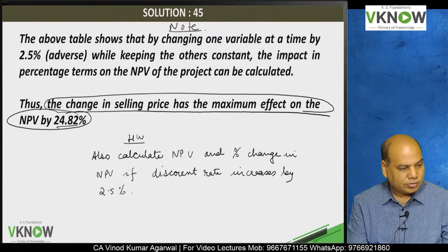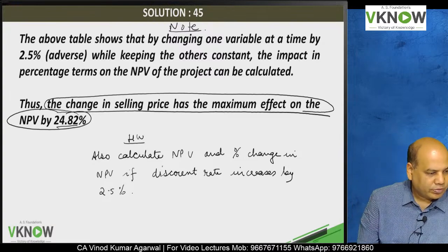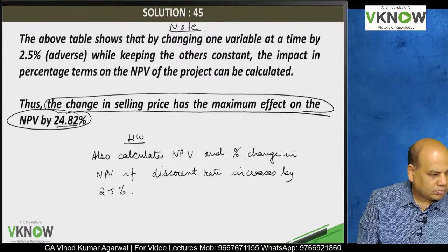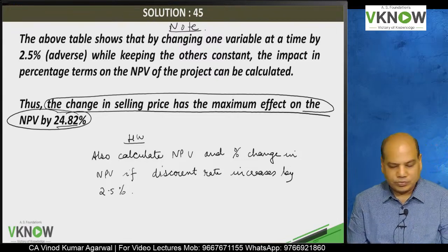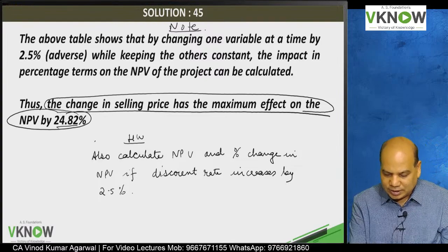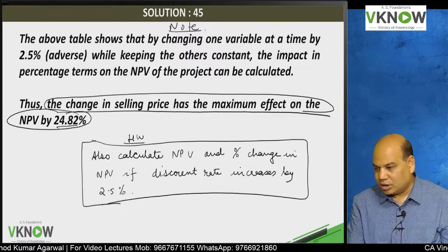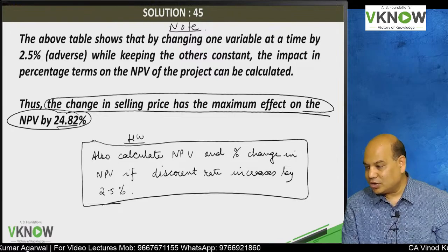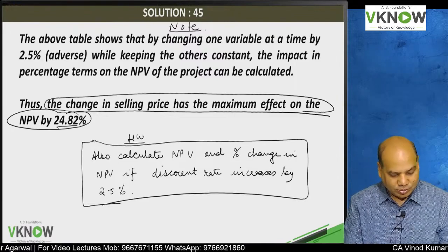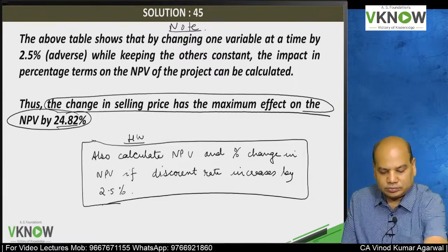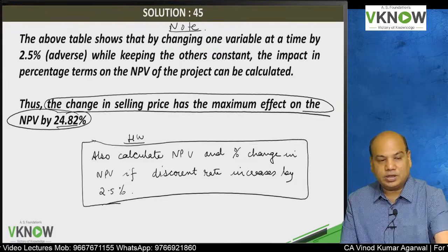That also should have been tested. So in the exam, if you want, you can add one more column and take a higher discount rate. That is my opinion, because discount rate is also a variable, and if it increases, NPV can decrease.